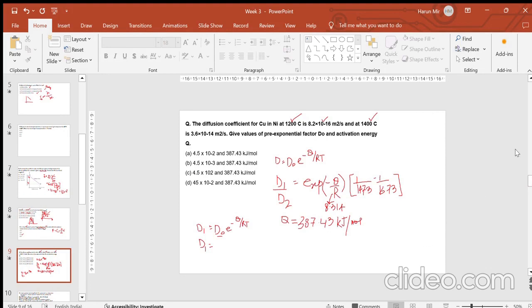We need to calculate D naught, right? D1 is given, you have to calculate D naught. So can anybody answer what is the right answer for D naught? Because we have the coefficients already given. We have to calculate this D naught based on the question.